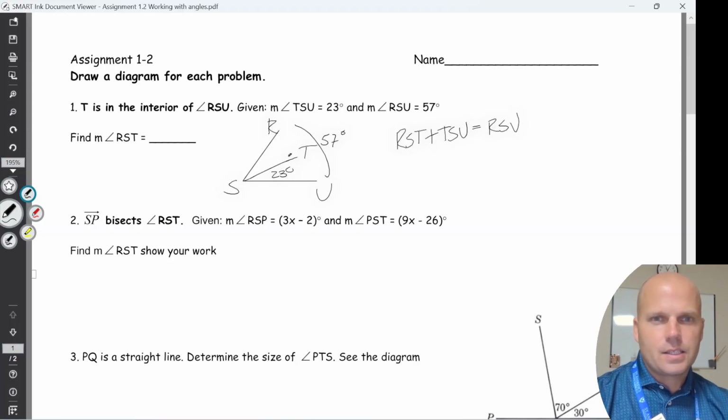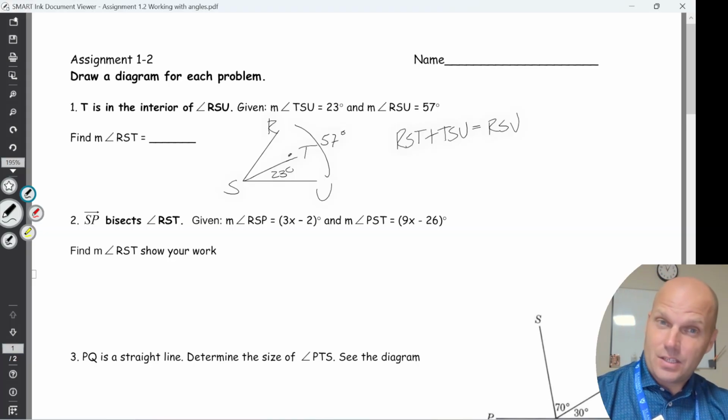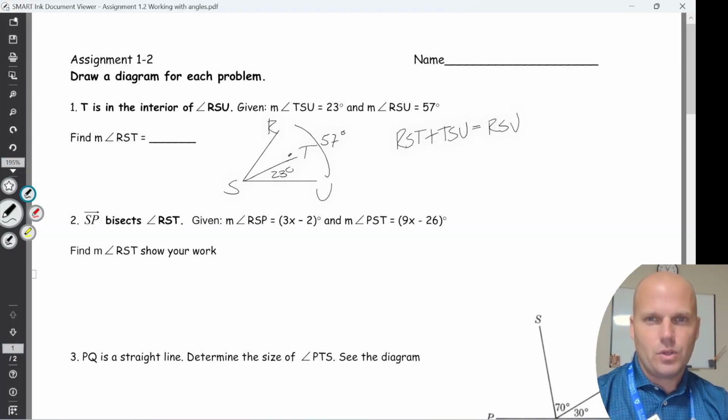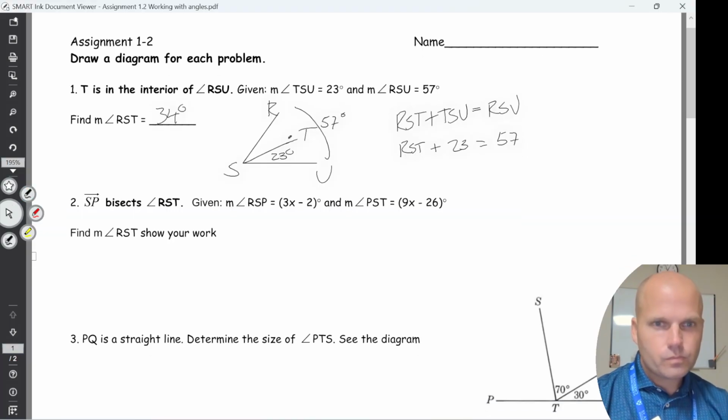So RST must equal RSU minus TSU, or 57 minus 23. And 57 minus 23 is 34. Cool.